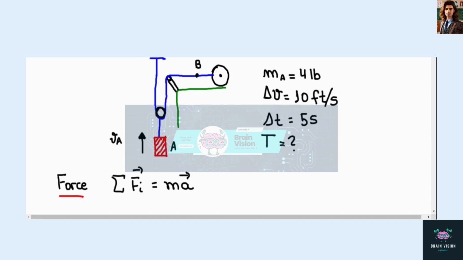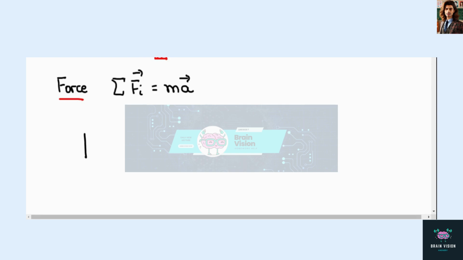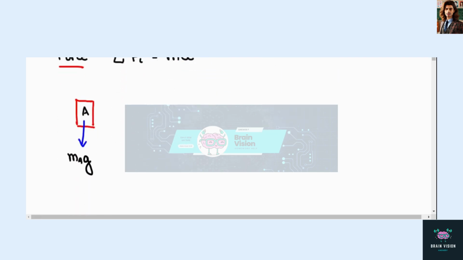Okay, so how do we go about solving this exercise? Well, first, we need to draw a free body diagram on block A. So here we have block A. The forces that act on block A are the weight force, mAg, then we have the tension force that pulls it up.